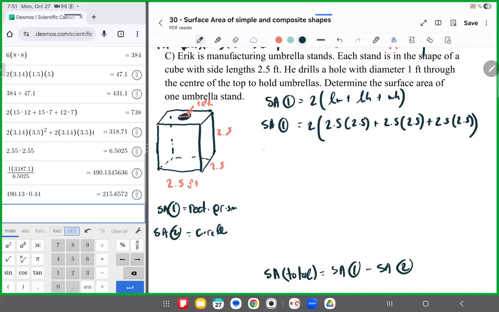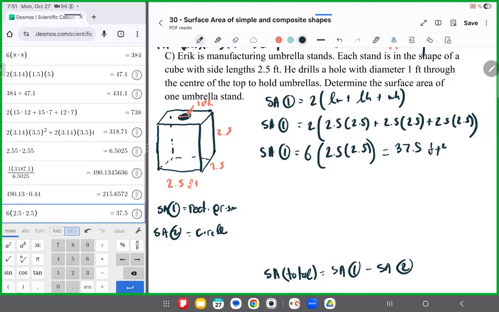And using that trick I showed from earlier, we're just going to say there's actually 6 of these. So it'll be 6 times 2.5 times 2.5. And so my calculator, if I type that in, 6 multiplied by 2.5 times 2.5, I'm going to get here 37.5 square feet. So this is actually quite large.